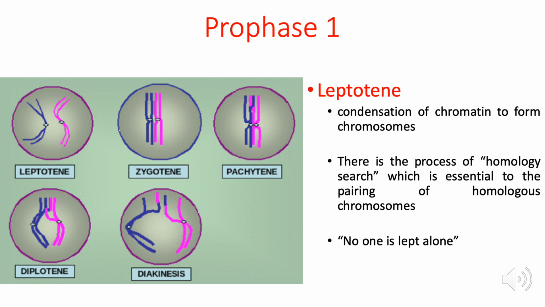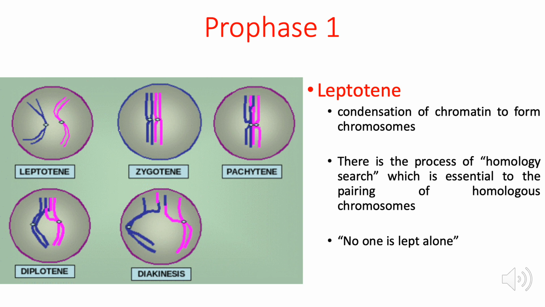Leptotene is the earliest stage of prophase I. So expect it is in this stage where the condensation of chromatin to form the chromosome will happen. The important thing I want you to remember about leptotene is that it is also in this stage where the homologous chromosomes will search for each other. Remember, for each chromosome, we have one that was inherited from the mother and one that was inherited from the father.